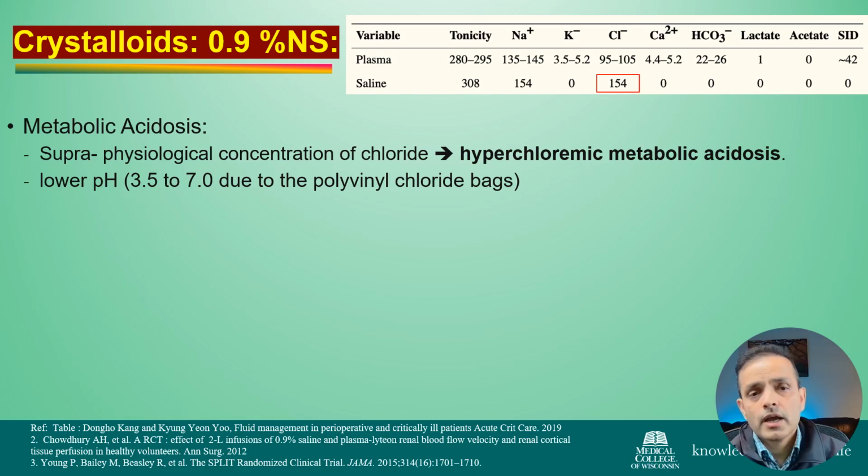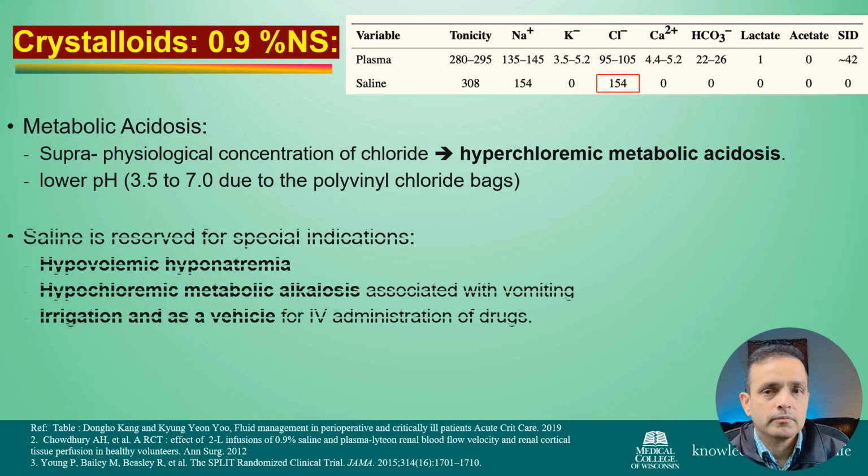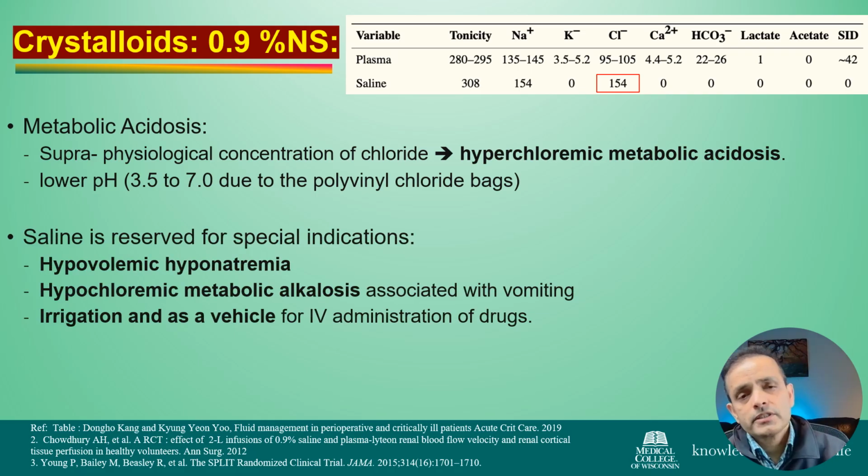In addition to that, 0.9% normal saline is stored in polyvinyl chloride bags, which is acidic in nature as well. Because of this acidosis and the recent randomized control trial where there has been increased incidence of acute kidney injury, we are going away from the use of 0.9% normal saline as a maintenance fluid.